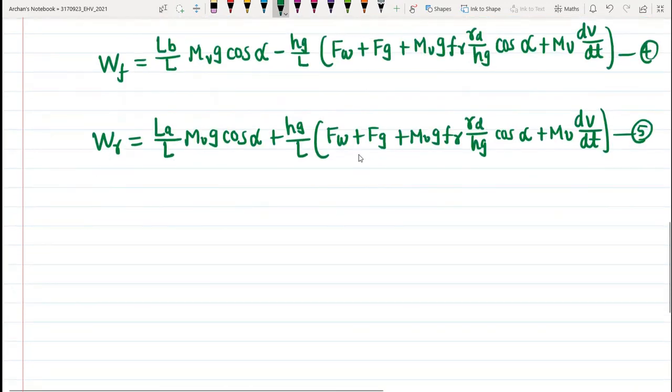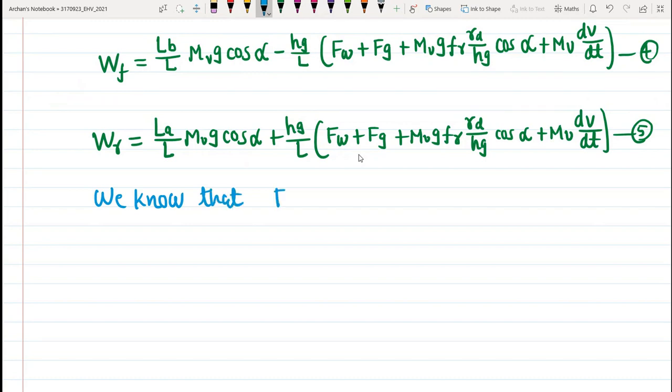We know that Fr is given by Pfr cos alpha. This was the equation where we have considered P as the normal load, which is acting on the center of the rolling vehicle.